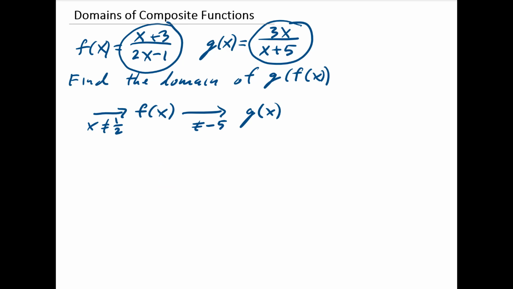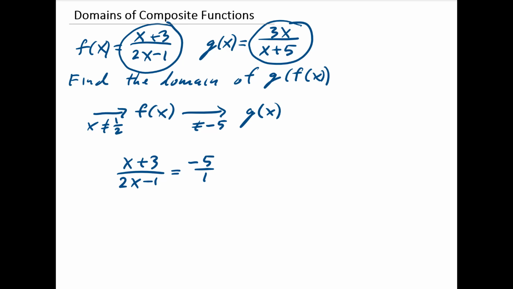So we have to figure out what number, when we plug it into f of x, causes an output of -5. So to do that, we're going to set x plus 3 over 2x minus 1, that's f of x, equal to -5.